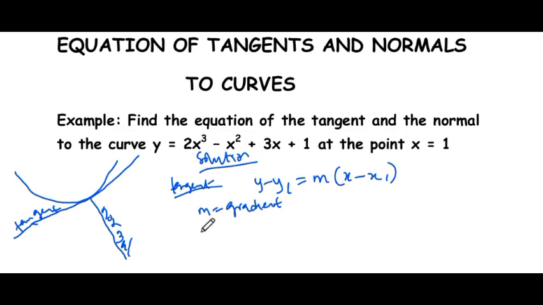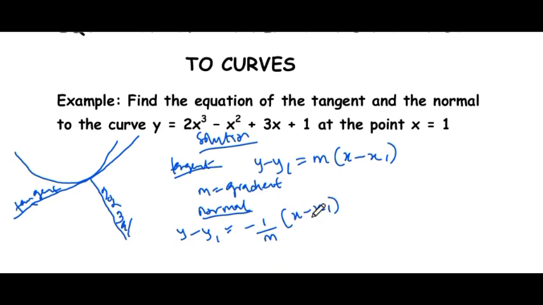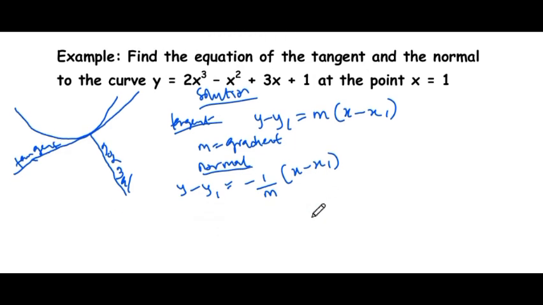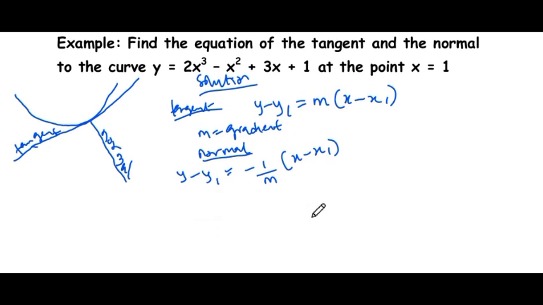Now for the normal, the equation is y minus y1 is equal to minus 1 over m open bracket x minus x1. That's the formula for getting the equation of a normal.